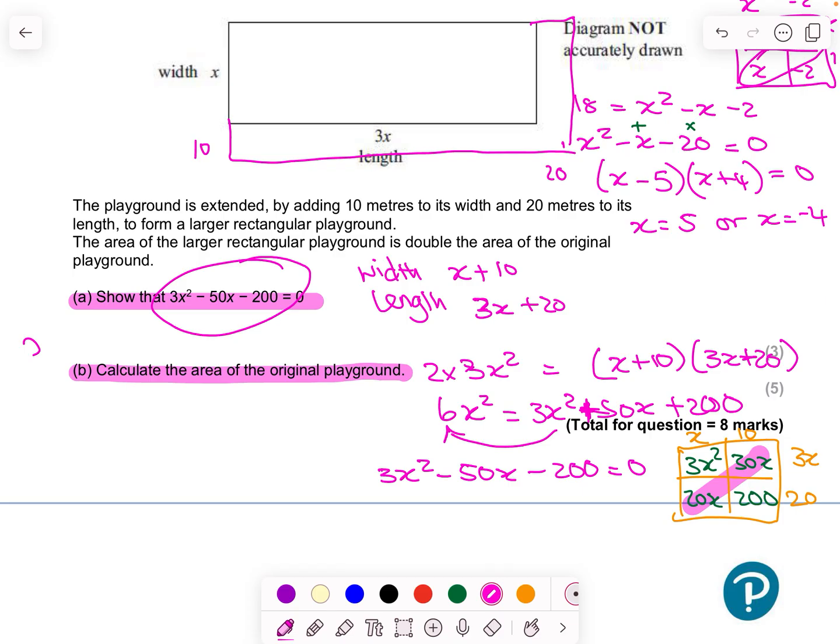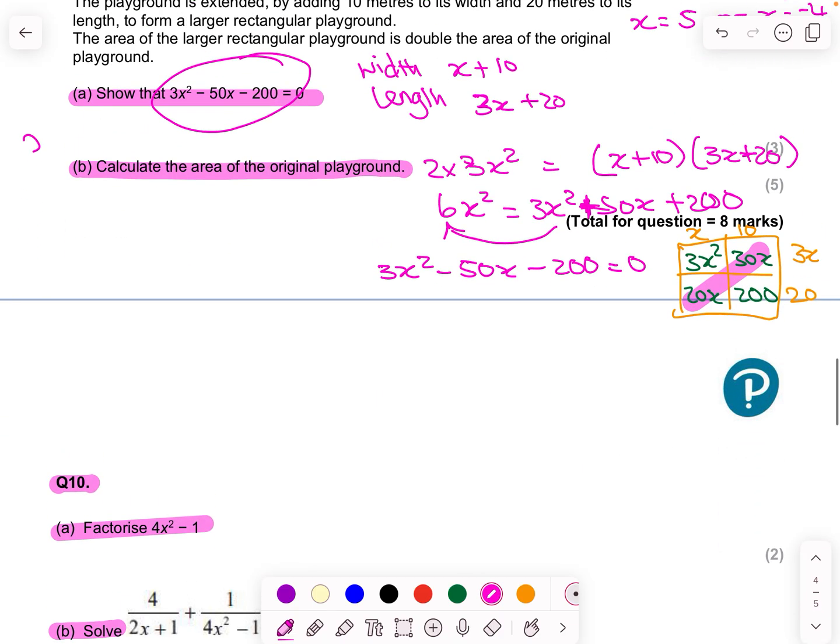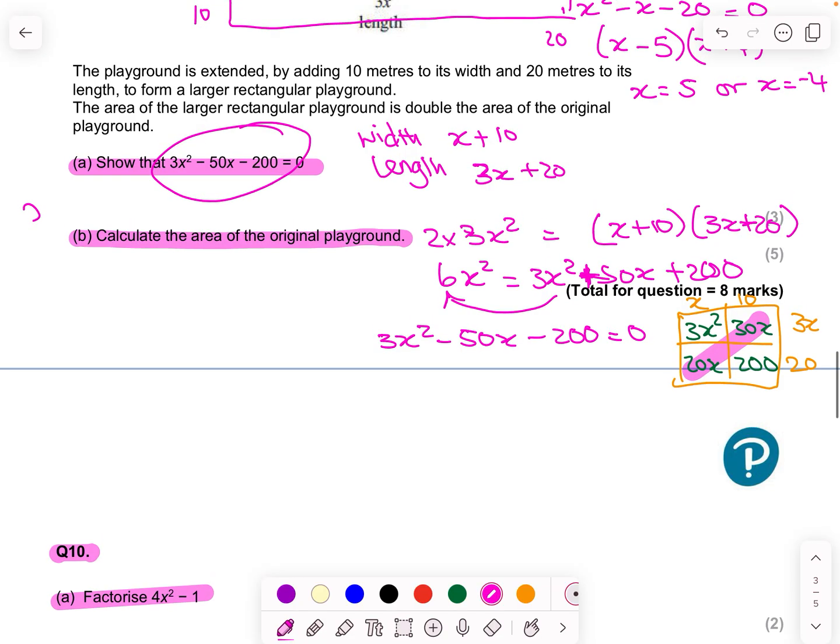So we have to find out what x is by solving this quadratic. Admittedly, I haven't checked whether this can be factorised. Hopefully it can be. If not, then I perhaps shouldn't have set this as homework because we haven't yet gone over the quadratic formula.